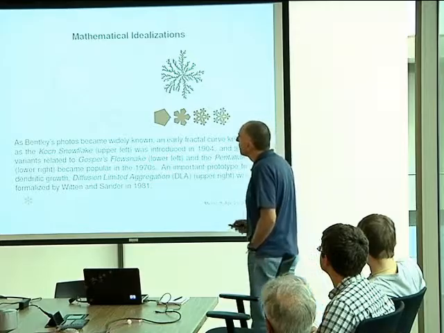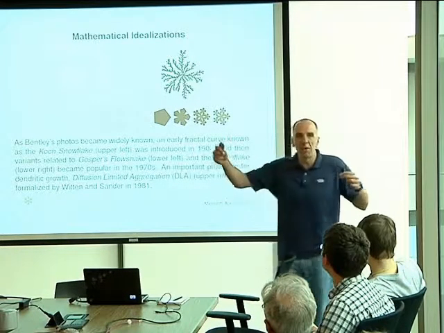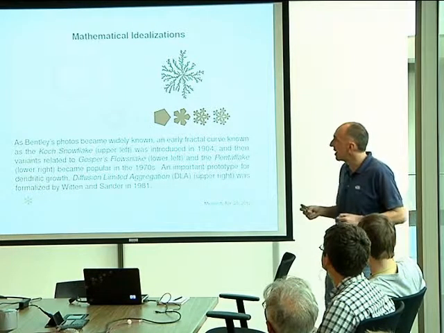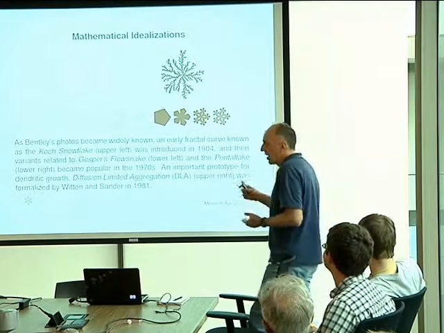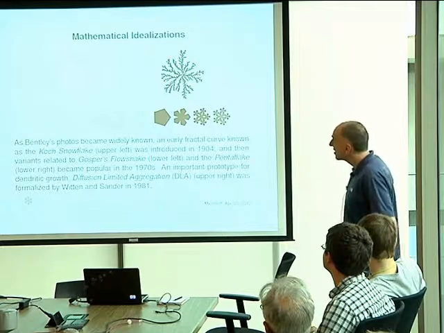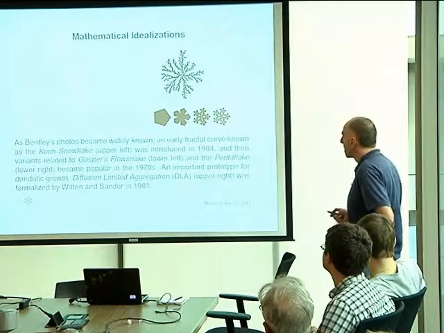It's introduced by adding a triangular bump on every straight line, starting with a hexagon, or with a triangle, and then continuing that until in the limit you get a fractal curve. All right?